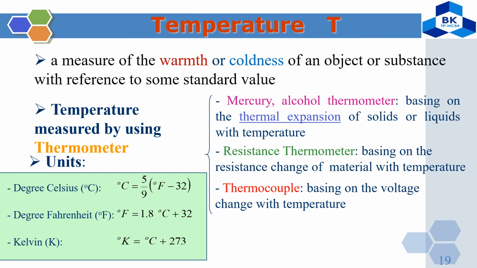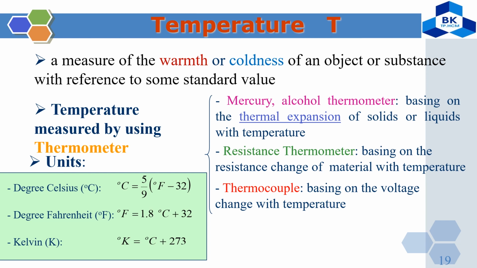And this formula helps you work out the different temperatures. For example, if you know the Fahrenheit degree and you want to know the Celsius, the Celsius degree will be equal to 5/9 of the Fahrenheit degrees minus 32 degrees.